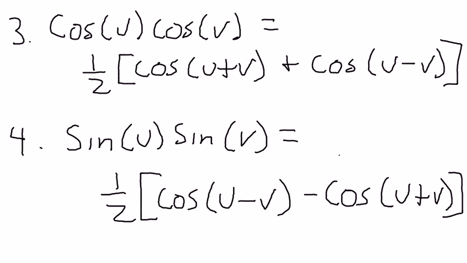Alright, so once I have it written in that format, it's really quite easy to do these questions. I just have to remember the correct identity. So let's say we have something like the cosine of 5x times the cosine of 3x.